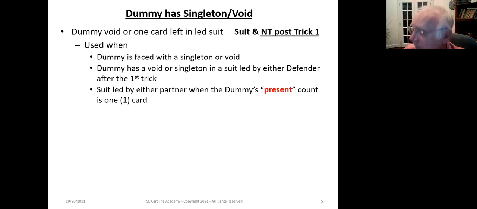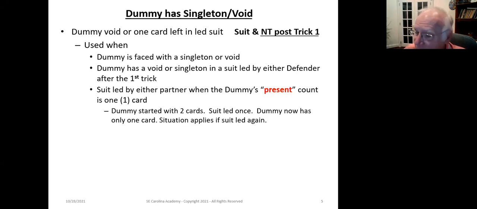In this situation, because the dummy has only 1 left, the most valuable thing you can tell your partner, since you've already given them attitude, is what suit you'd like to have led to you.